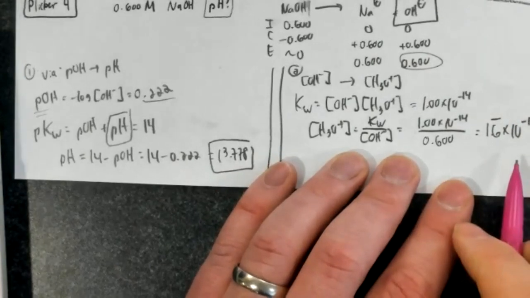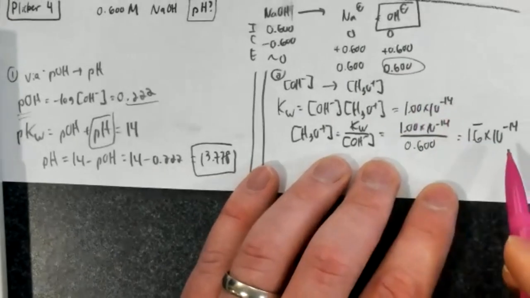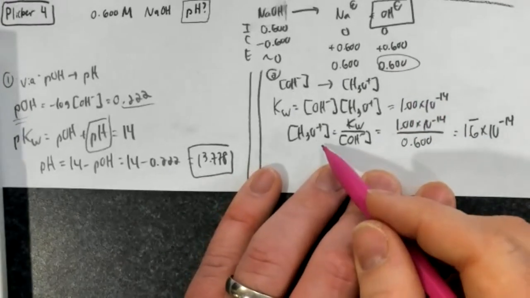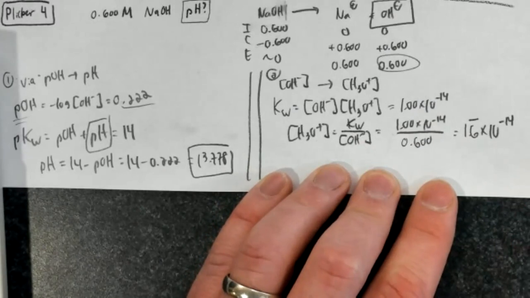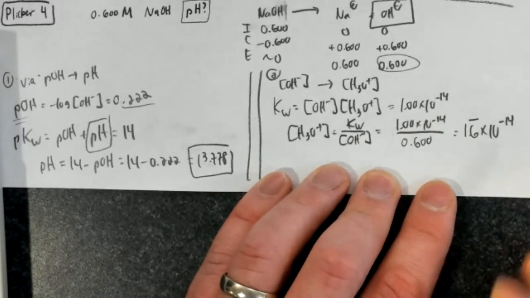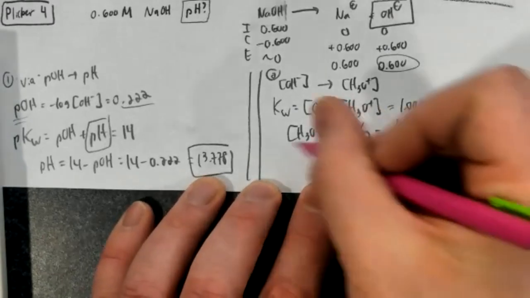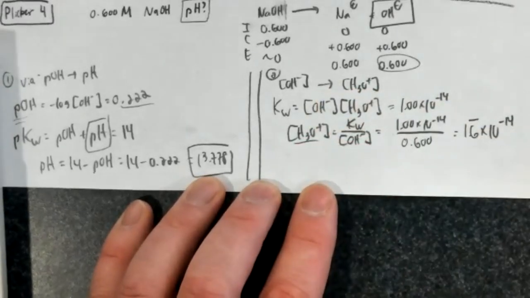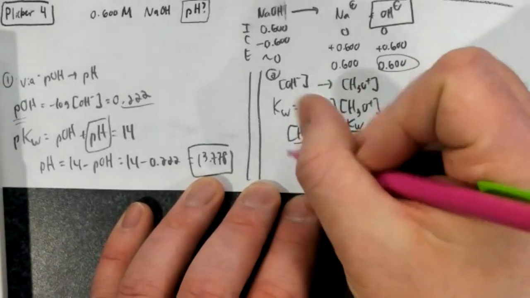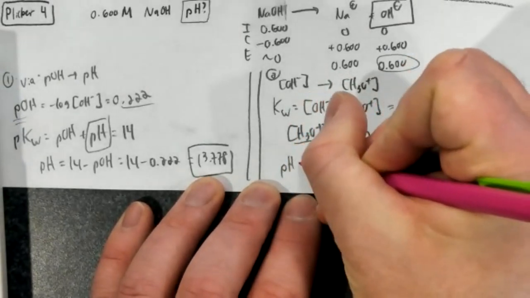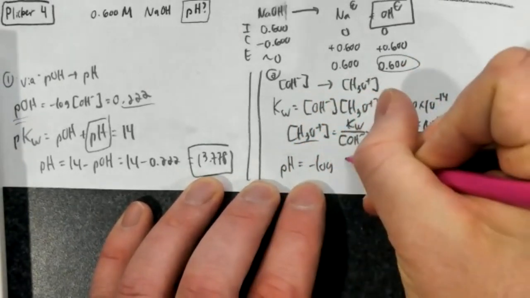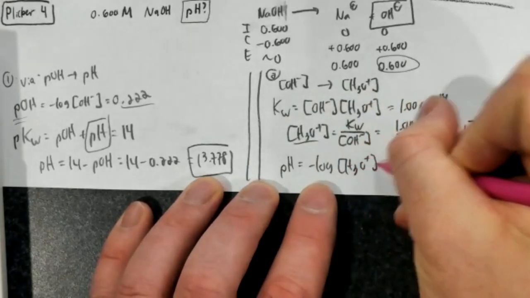That number makes sense, right? Since I have a strong base, this value for my hydronium concentration is going to be small. I don't have a lot of acid if I'm in a very basic solution. And then from the concentration of H3O plus, I can calculate pH directly. pH is the negative log of my hydronium concentration.